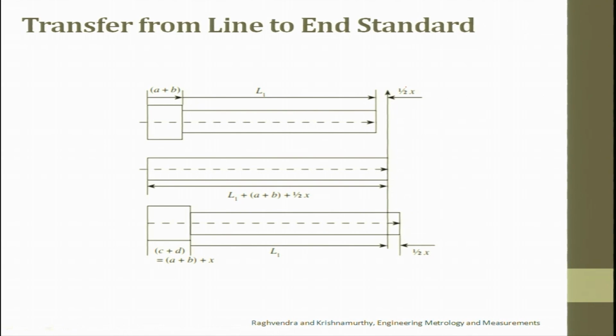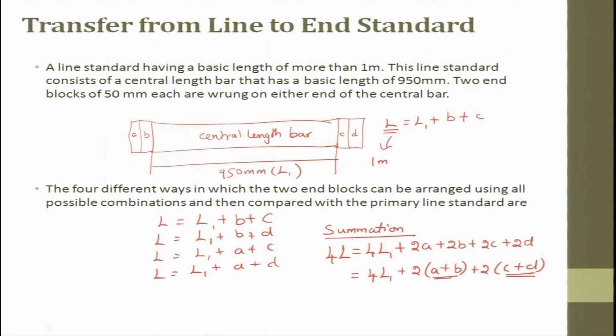Summation of these two, A plus B plus x, is C plus D, and then we have a small difference.